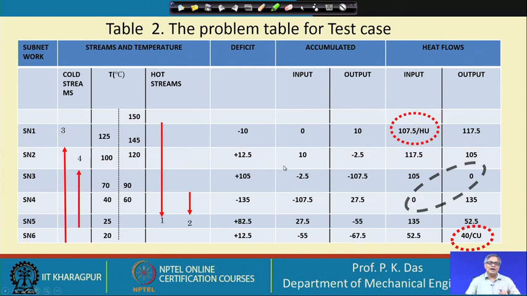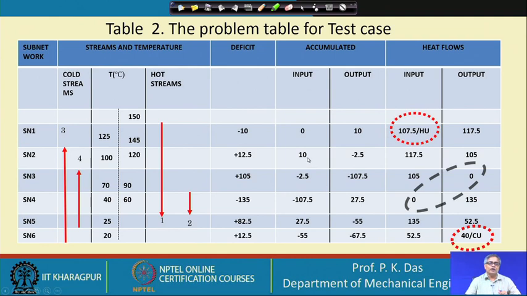We can do a similar calculation. So, deficit here will be 12.5 plus 12.5, input is 10. What was the output of the previous network? This is the input of this network. Output of subnetwork 1 is the input of subnetwork 2, and then the deficit we have to consider.